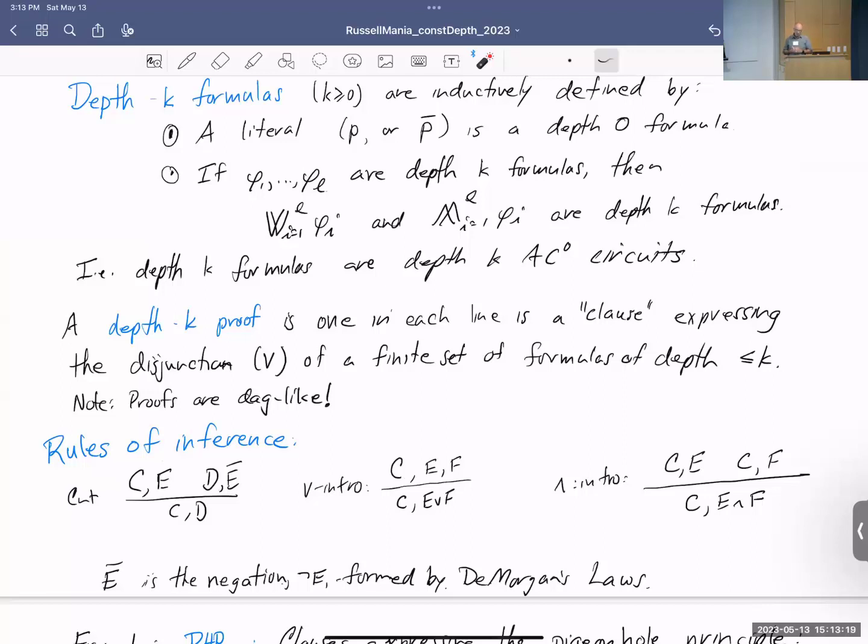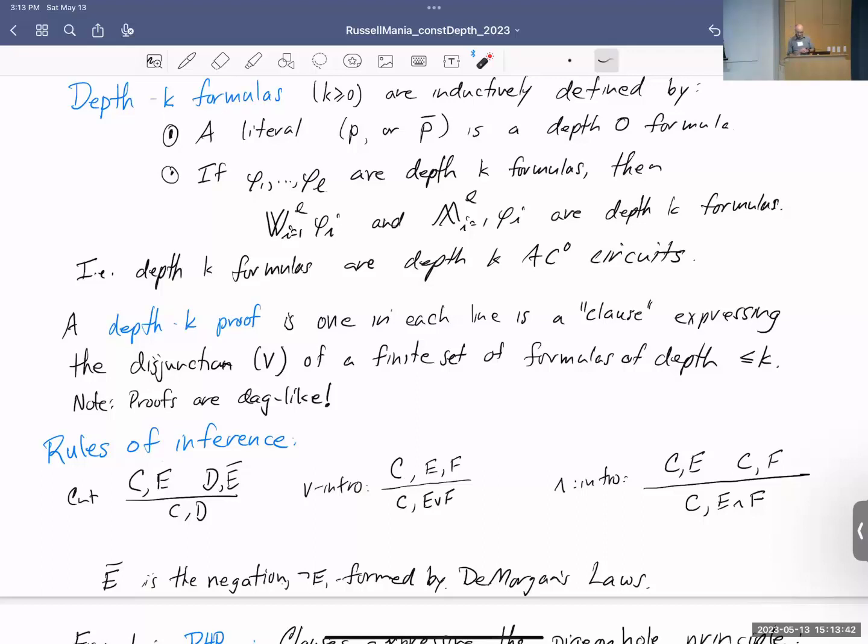And we'll measure sizes of formulas and sizes of proofs in terms of the number of symbols that are in the proofs. A depth K proof is one in which each line is a quote clause. I don't mean really a clause now, I mean a set of depth K formulas. So it's meaning the disjunction of a finite set of formulas of depth at most K.